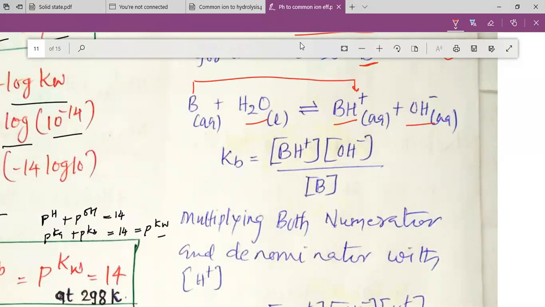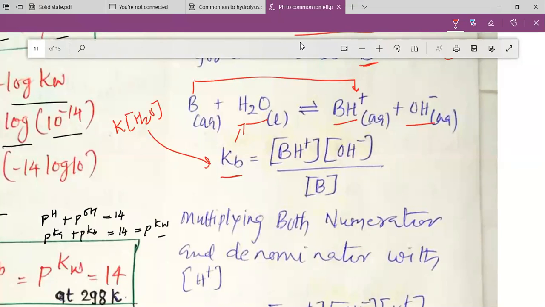For this equilibrium, we can write the equilibrium constant Kb is equal to the concentration of BH plus multiplied by the concentration of OH minus divided by the concentration of B. Please remember, when we write the base dissociation constant, we do not write the concentration of H2O, because the equilibrium constant times H2O is what we have written as Kb.